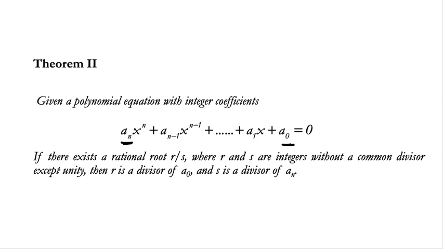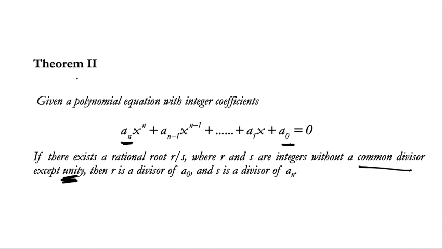So this is a more general theorem. If there exists a rational root r over s, where r and s are integers without a common divisor except unity, then r is a divisor of a_0 and s is a divisor of a_n.